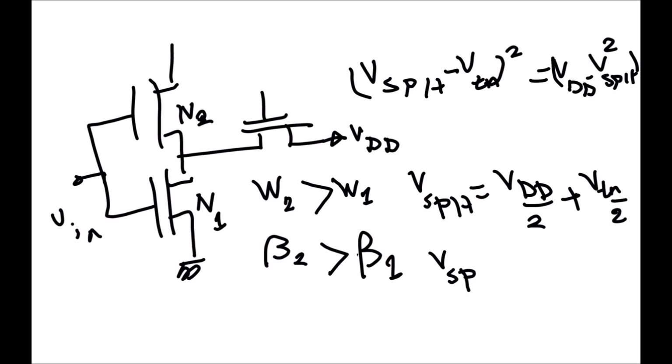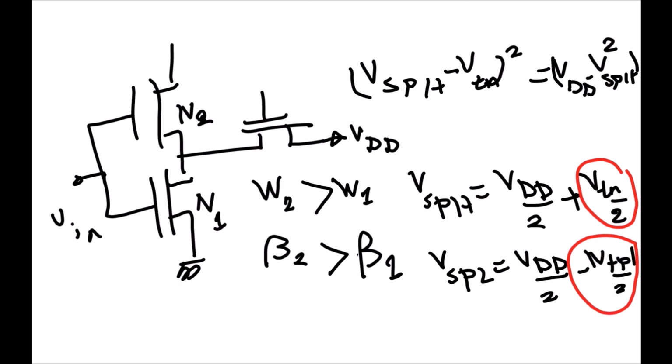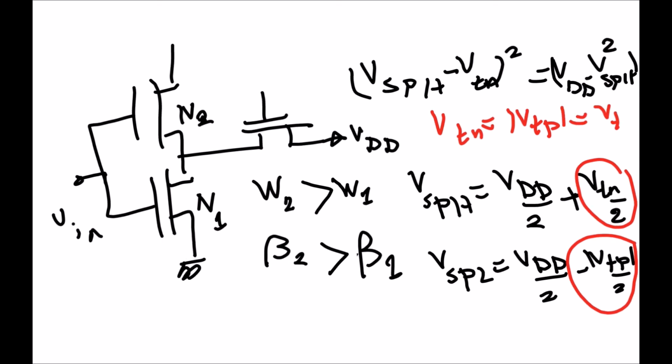Similarly, V switching point low equals VDD over 2 minus VTP over 2. So we can say that if we use similar size, we have a noise margin of VTN over 2 plus VTP over 2, which translates, let's say VTN equal to modulus VTP equal to VT, to a noise margin equal to VT. And if we want symmetry for both sides, the upper noise margin will be VT over 2 and the lower is VT over 2 also.